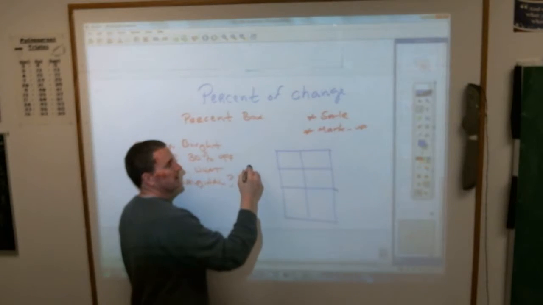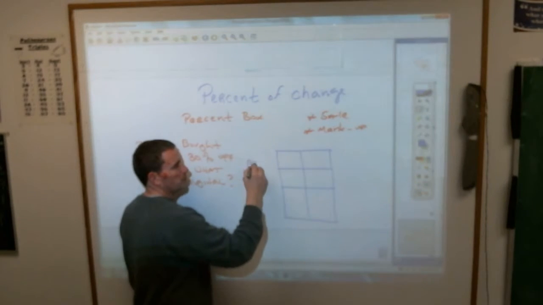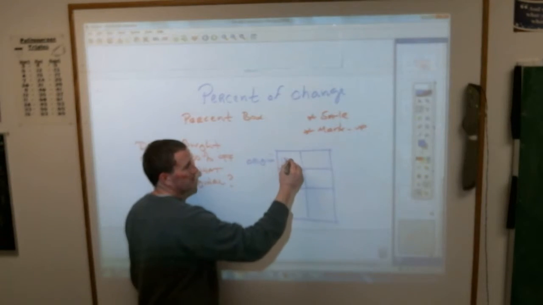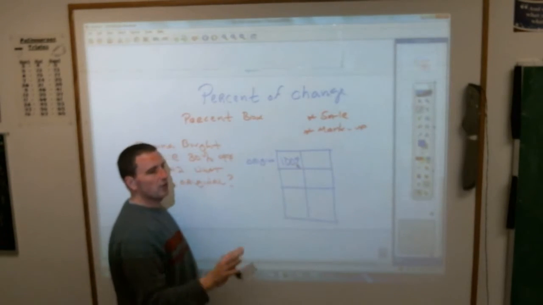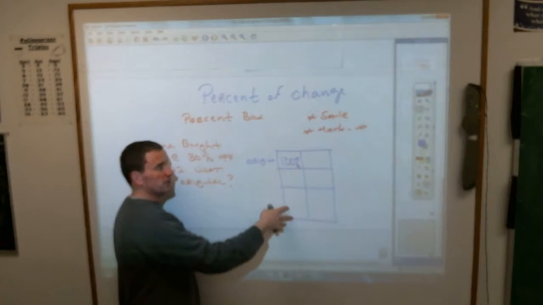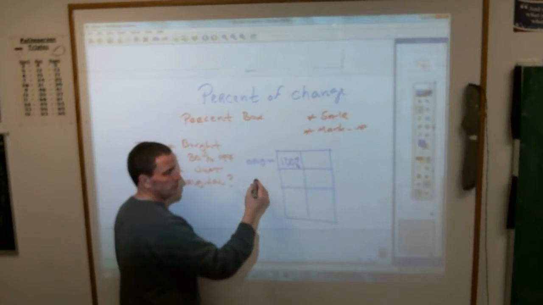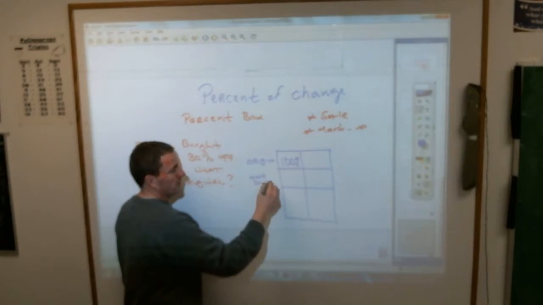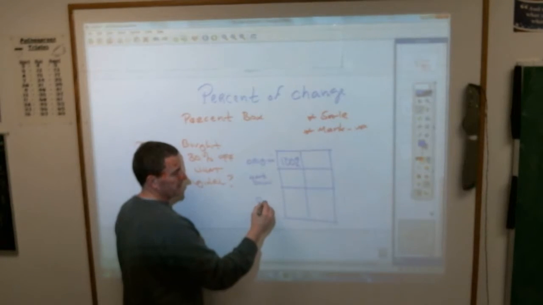When it's marking up, it works like this. You have the original percent, which is always going to be 100%. The original price is always 100%. Then you have the next box, which is either markup or markdown. In this case, it was marked down. And then you have your final price or your final percent.